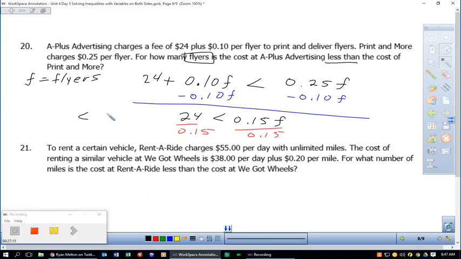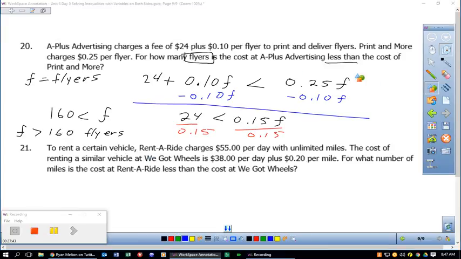So 24 divided by 0.15 is 160. I'm going to flip this around. That means if we have greater than 160 flyers, then A+ costs less than Print and More.